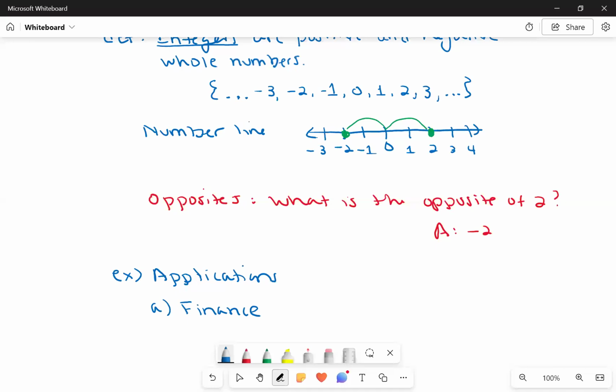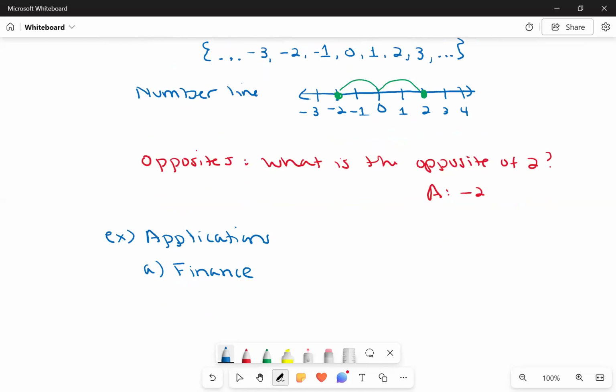The idea that positives are numbers that are in our benefit, negatives would be numbers that are debts. Or if you're talking about a business that is in the black, it's a business that's making profit. A business that's in the red is a business that is losing money. So finance would be a great example of integers.